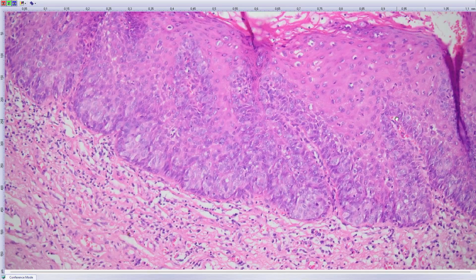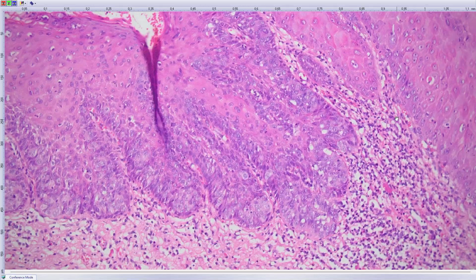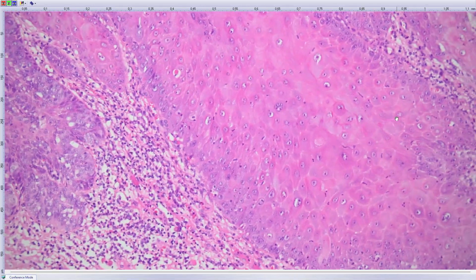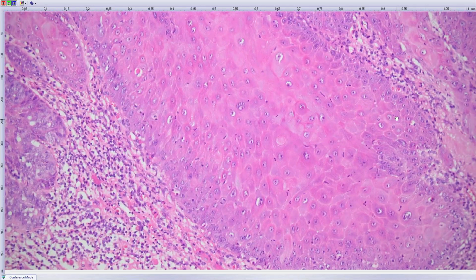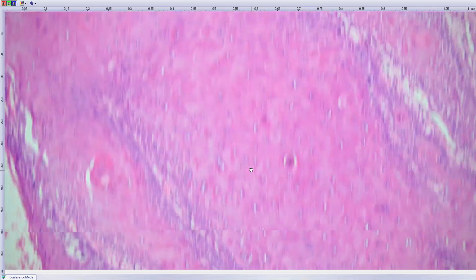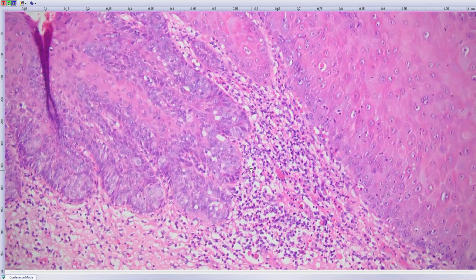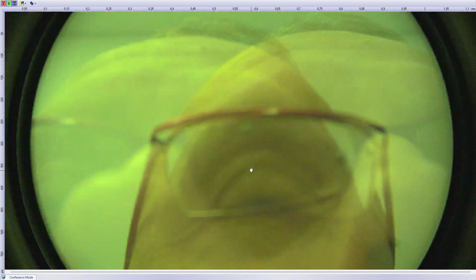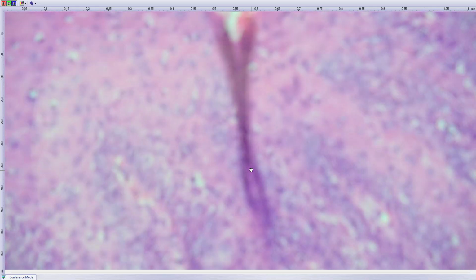Do you see it? It's different from the tumor. This tumor you see has only squamous cell proliferation with mitosis, but this part of the tumor at the side of it has such amazing clear cell proliferation.